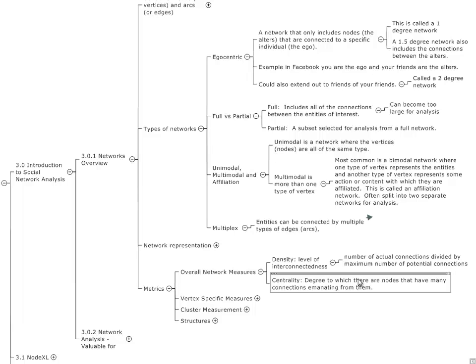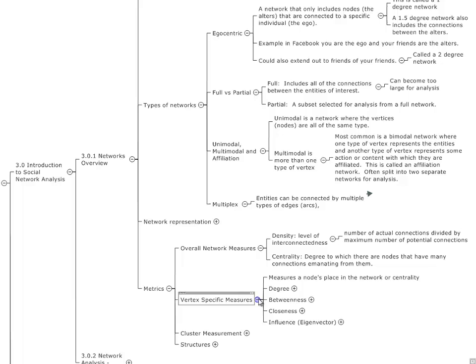Another important concept in networks is centrality, and what that means is: do nodes have a lot of connections emanating from them, or are they typically just a handful, or in some cases maybe not any connections emanating from them as well? So you can measure that.